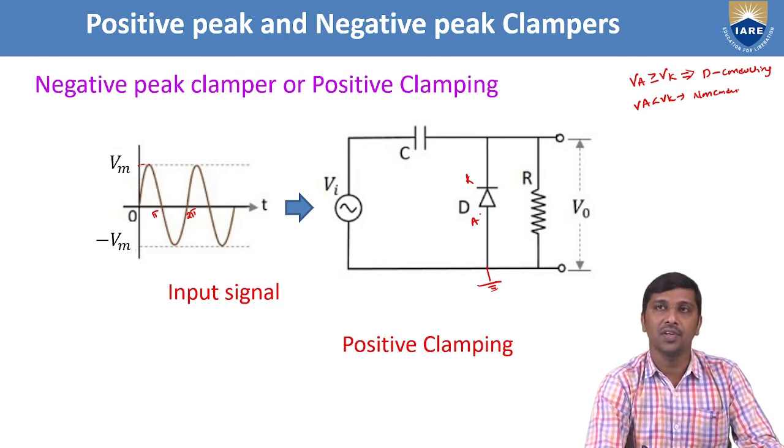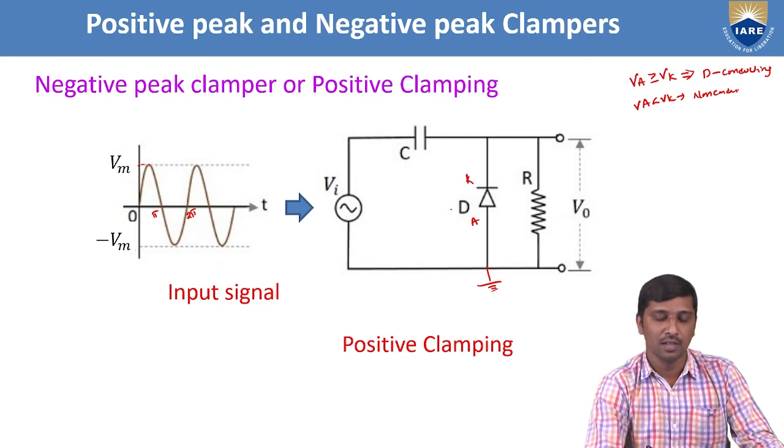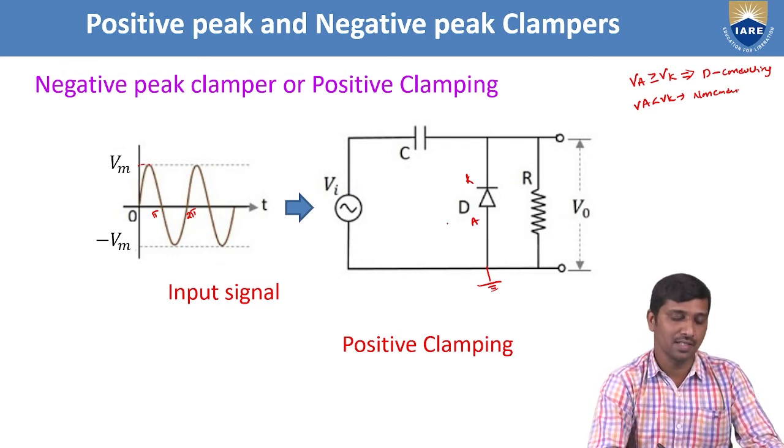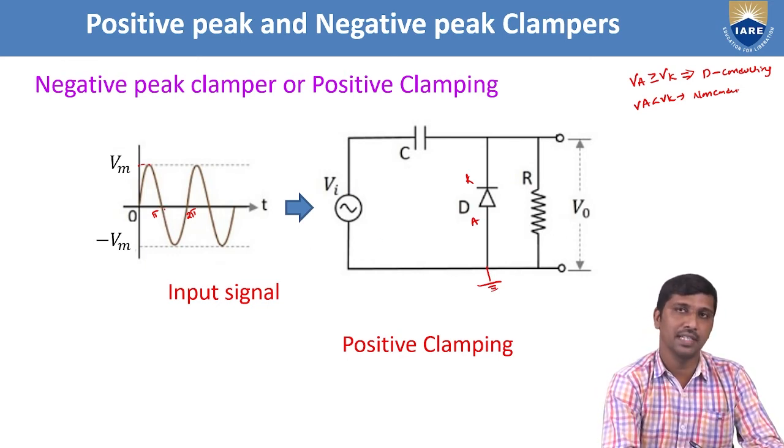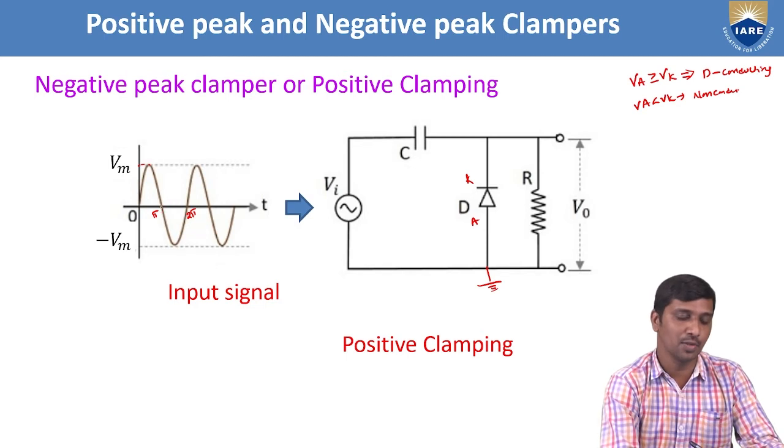If the diode is in the non-conducting state, it is replaced with an open circuit. It means the capacitor is not charging or discharging. Now the diode is conducting whenever the input signal is changing from 0 to minus Vm or minus Vm to 0, that is, within the pi to 2 pi interval.